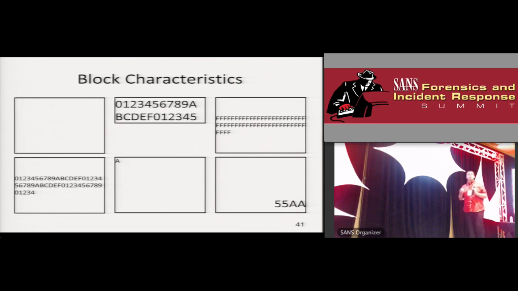And so what are the characteristics of a block? Bulk extractor, by default, will go through and flag if it's all white space. It'll flag if it's partial. It flags if it's all one character. But when we start looking at it, I was looking at one of the malware families, and all of a sudden this block flagged, and it had 16,000 matches. I'm like, okay, something's way wrong. And what it ended up being was a block with just a single letter A. That's a very low entropy.